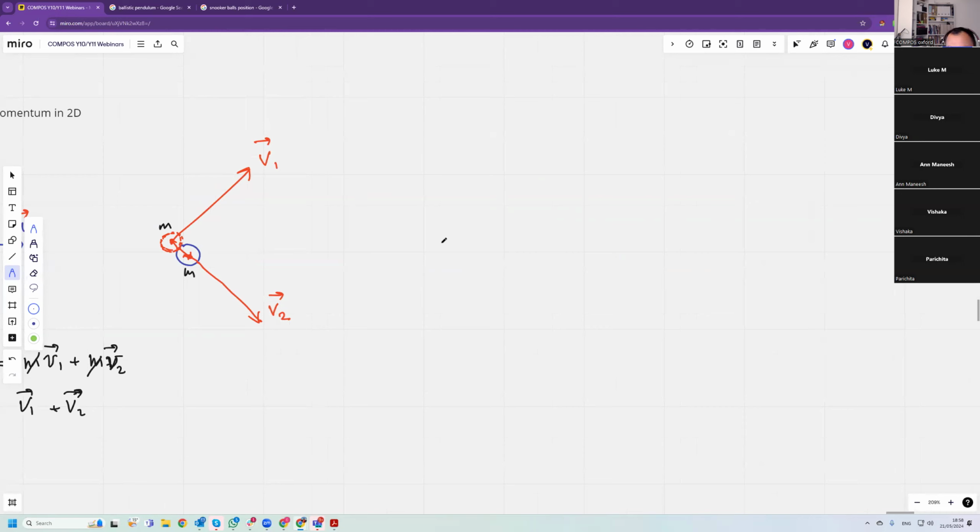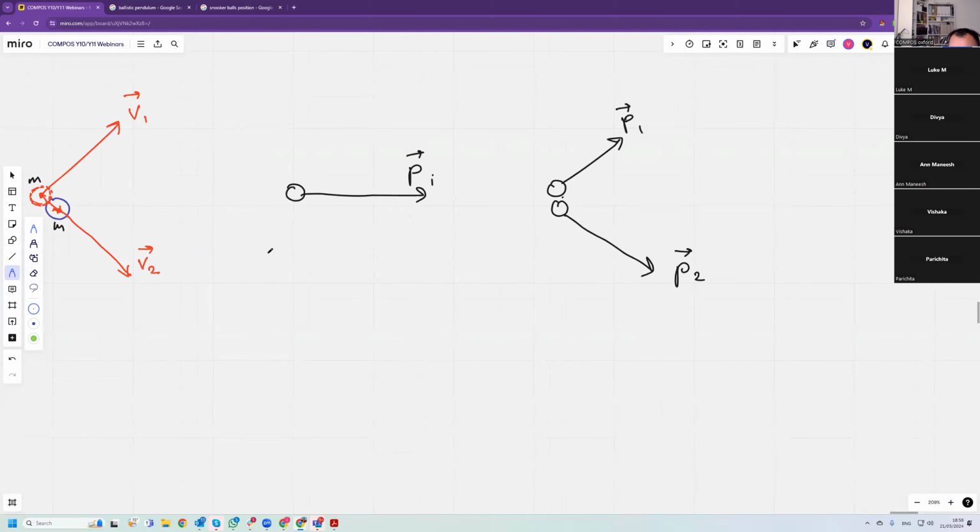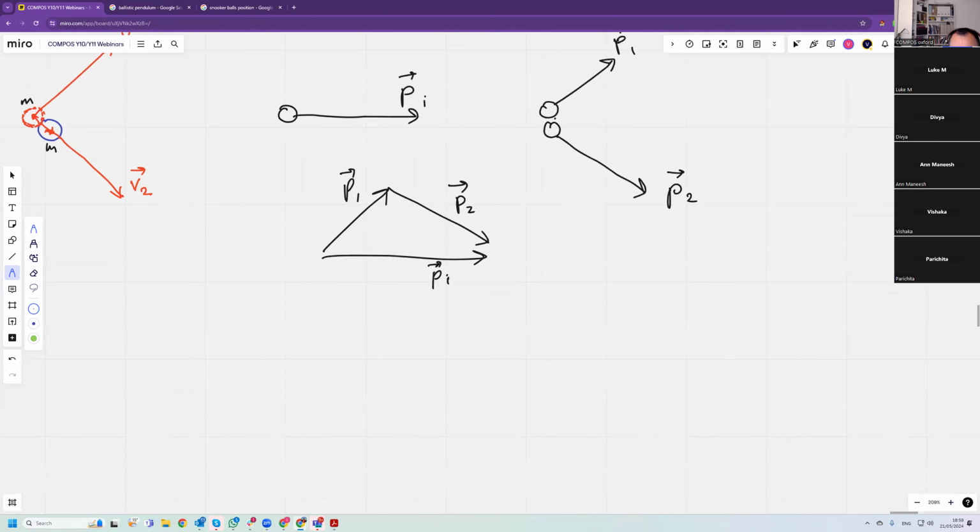So what you have is the momentum of the first ball, P initial, and then you have two momenta this way and this way. Let's call it P2 and P1, and these are vectors. So conservation of momentum tells us that P1 plus P2 has to equal P initial. Right?